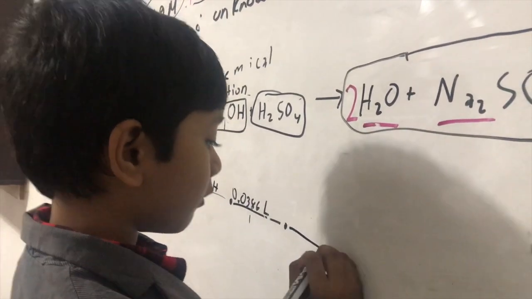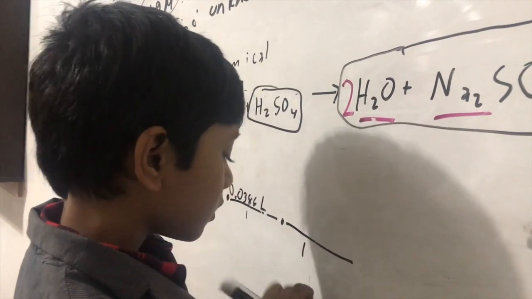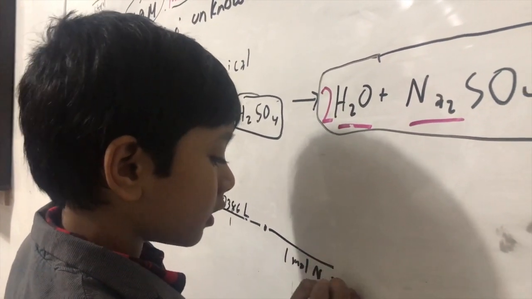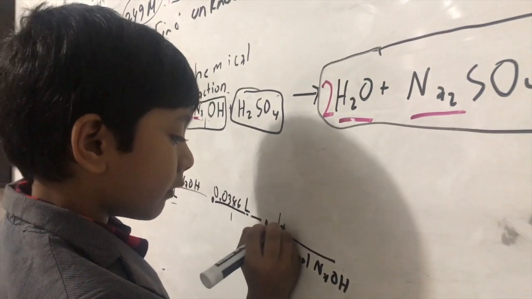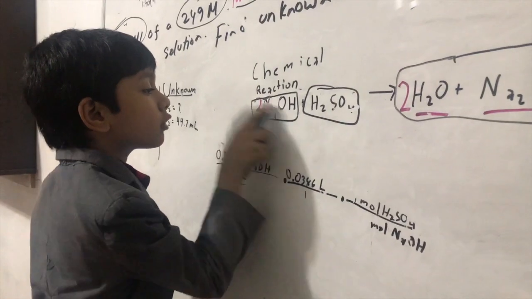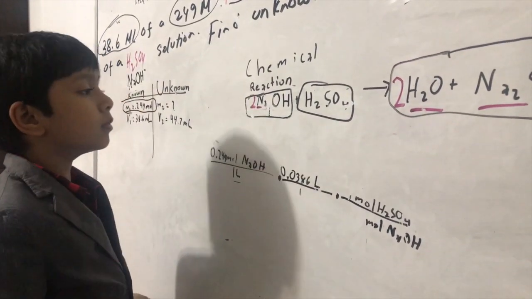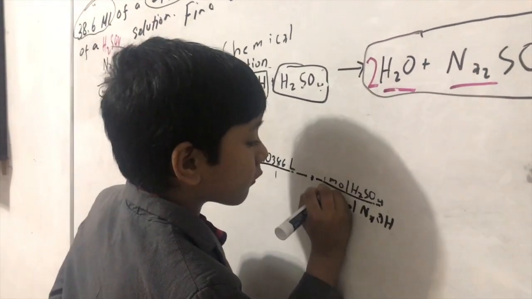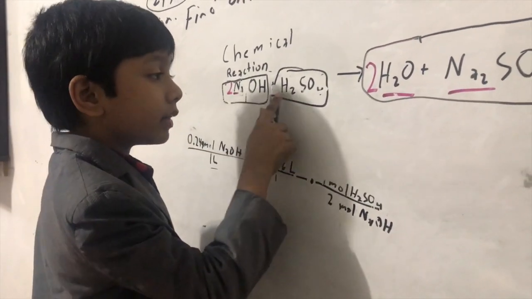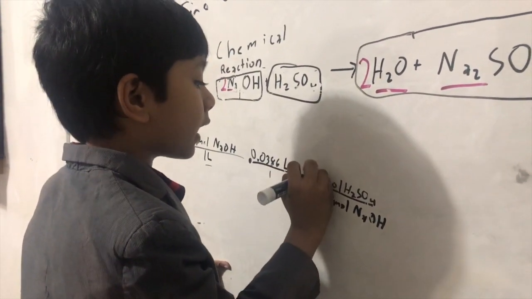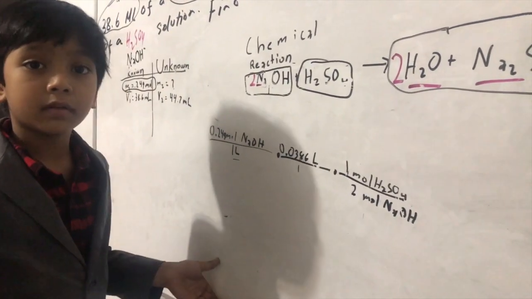So we'll have to put 1 on the bottom. And on the top, we should put 1 mole of our sulfuric acid. There are 2 moles of NaOH, so I have to write this on the bottom, but there is only 1 mole of our sulfuric acid, so I have to write 1 on the top.